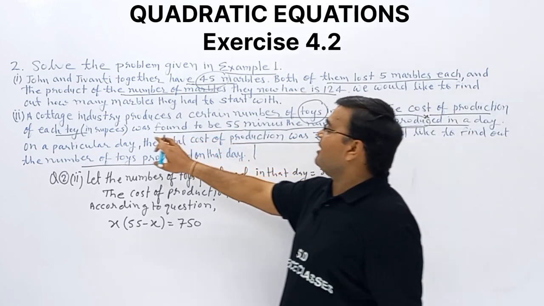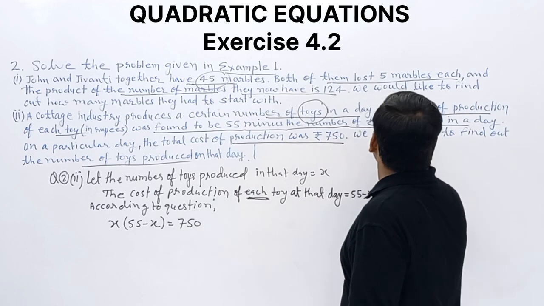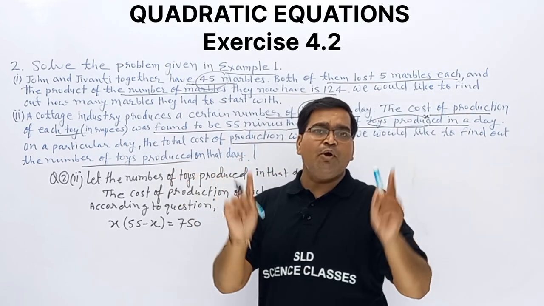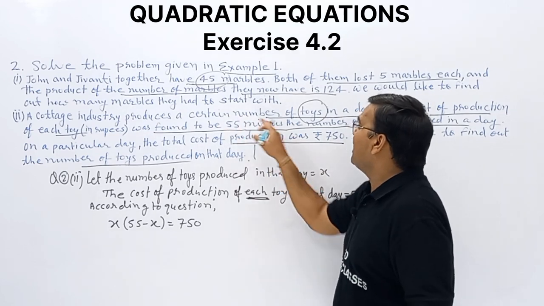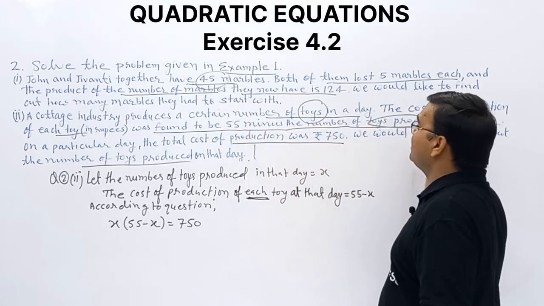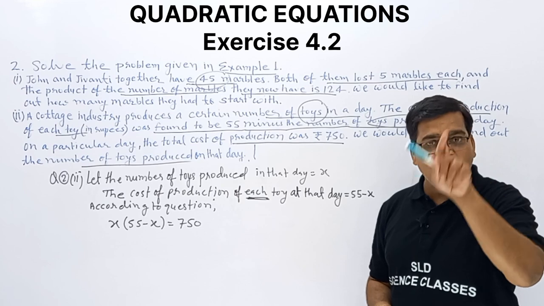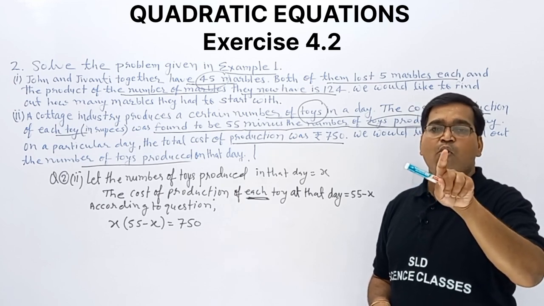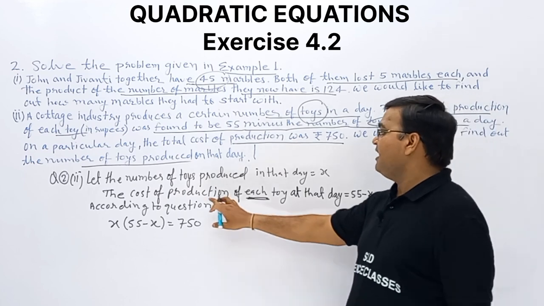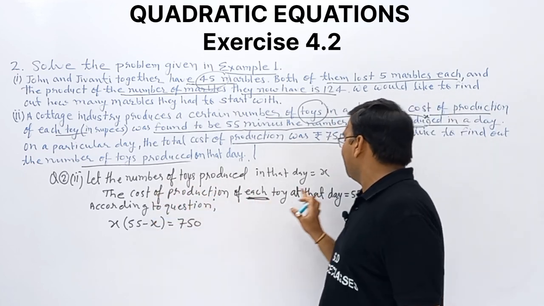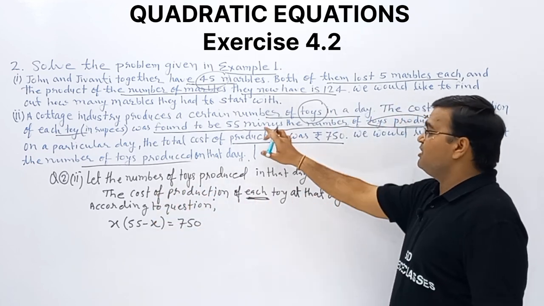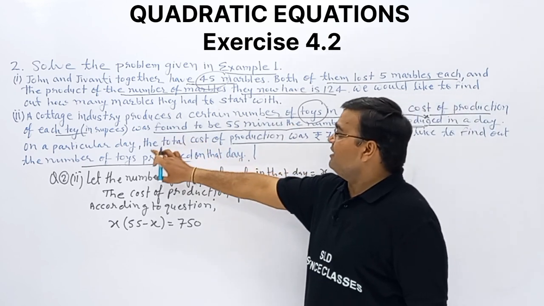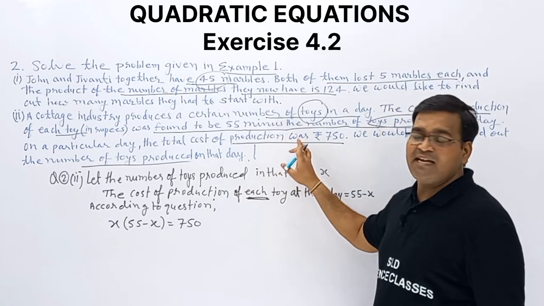In the center sentence, what is given? The cost of production of each toy. The cost of one toy is 55 minus the number of toys produced in a day. The number of toys made that day is X. So the cost of each toy is 55 minus X, as given in the question, and the total cost that day will be what?